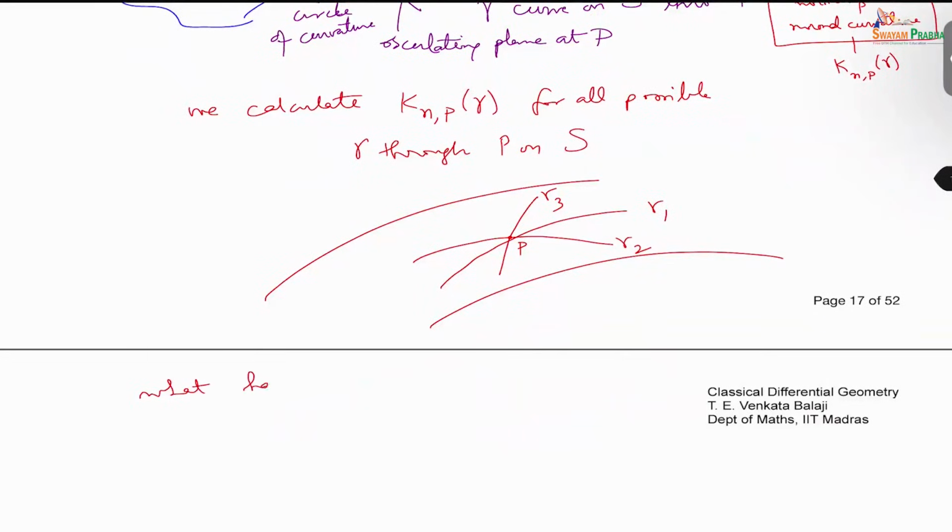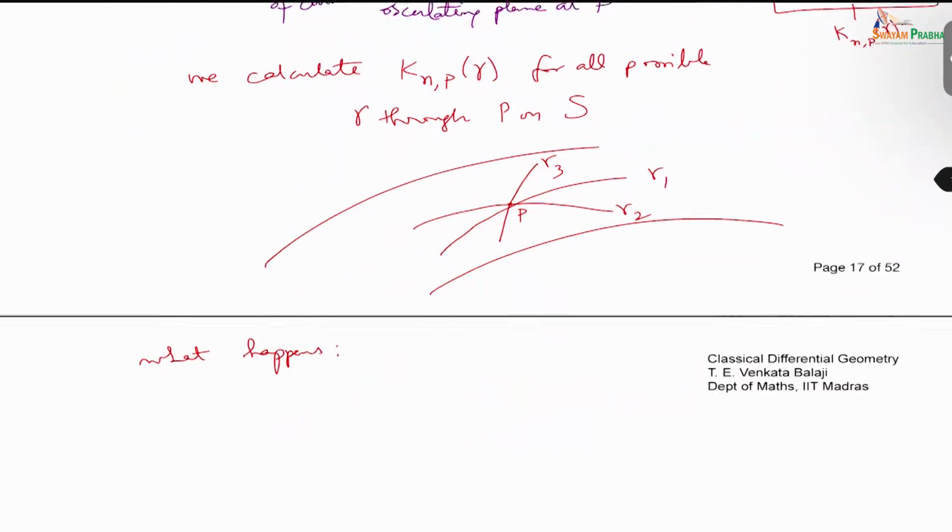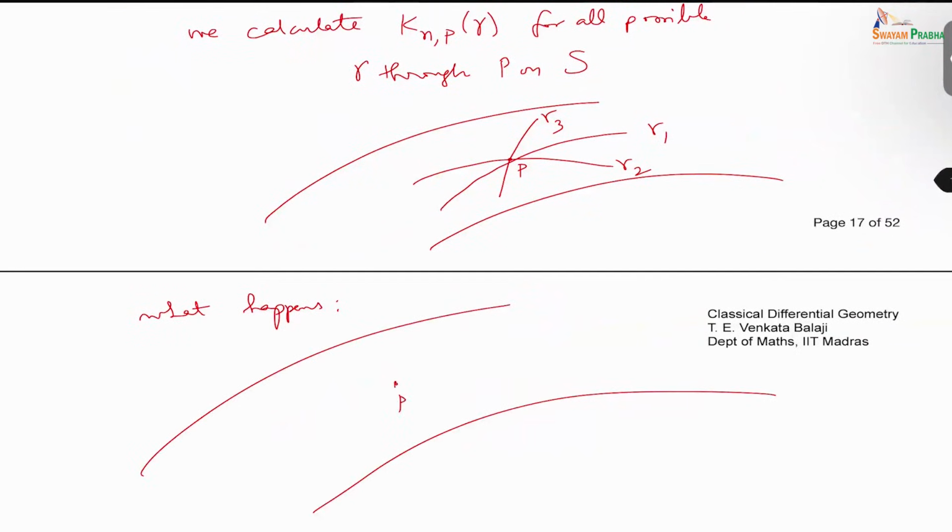So let me say what happens. On the surface at this point P, you have two directions, and mind you, this is all on the surface, so they are tangent directions. There is a curve, gamma minimum, through the point P, and corresponding to this curve the normal curvature Kn is minimum.